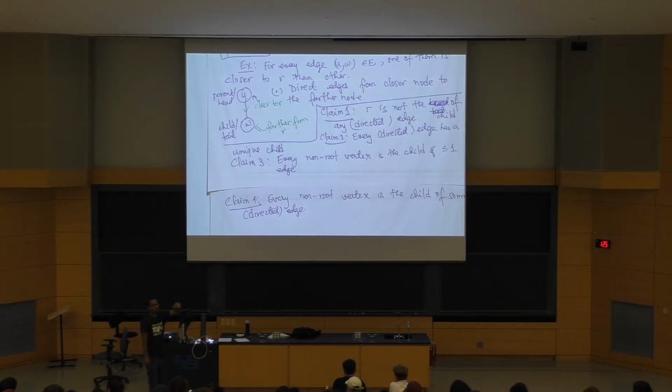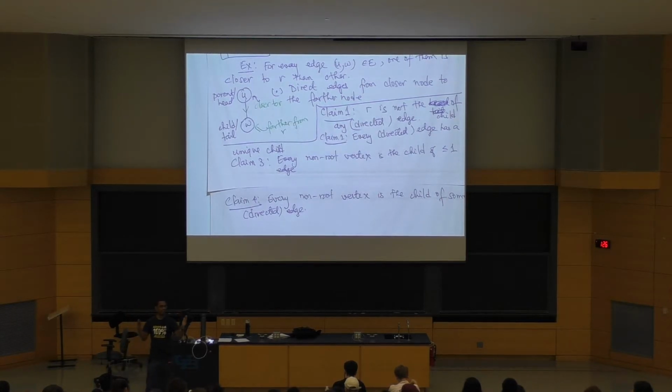Claim 1 is saying root is not the child of any directed edges. And claim 2 is saying every edge has a unique child, right? So what all of these mean is there is a one-to-one correspondence. So claim 2 means there is a one-to-one correspondence between each edge and its child. Right? For every edge, there's a unique child. The other claim says every child corresponds to exactly one non-root vertex. So every edge has a unique child. Every unique child corresponds to a unique non-root vertex.